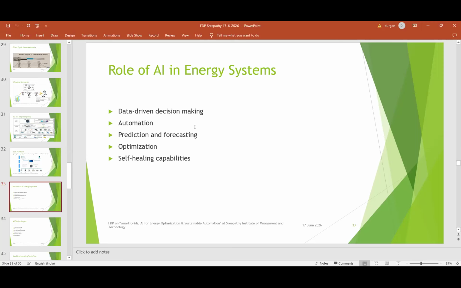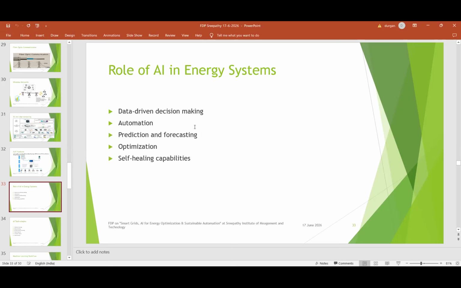AI analyzes real-time and historical data, the previous data from the energy systems, to support future decisions. That is data-driven decision making. For example, AI can analyze the demand of the consumers, and the market demand for electricity, in commercial as well as residential settings.